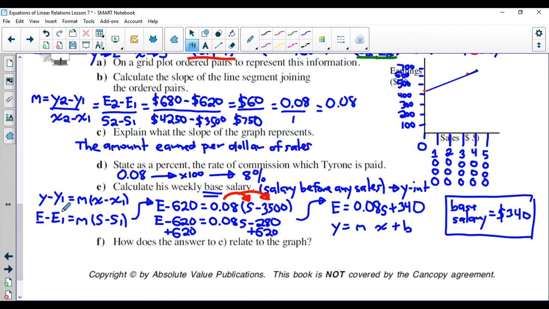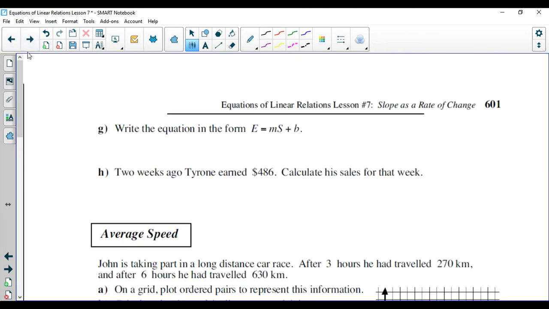Now F says, how does the answer to E relate to the graph? Well, we already identified that. The answer to E is the base salary, and we already clarified that the base salary is your y-intercept. Or if you want to write it in terms of the correct variable, you could also say it's the e-intercept of the graph, because the variable e is being used to represent the y-axis.